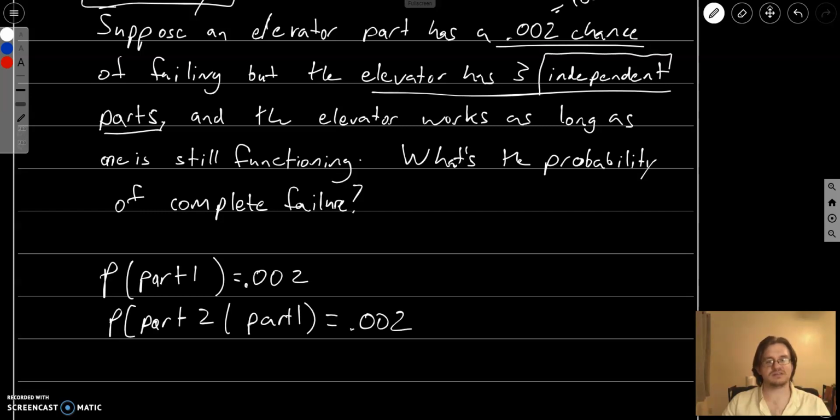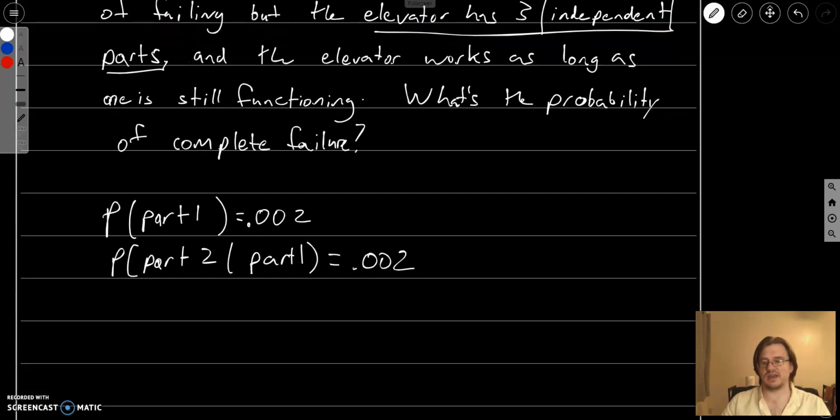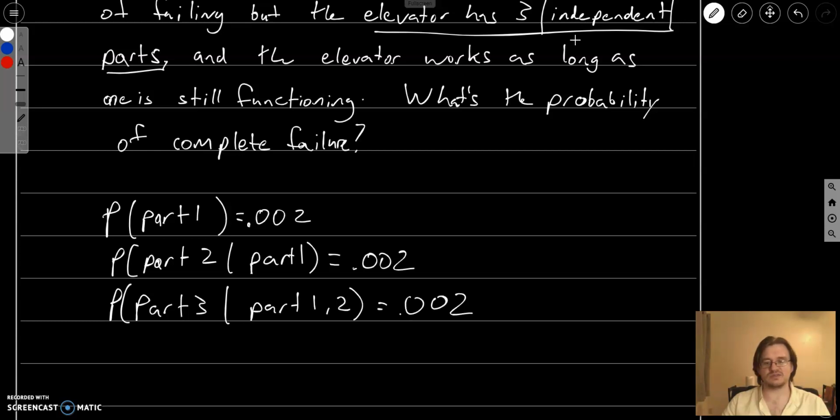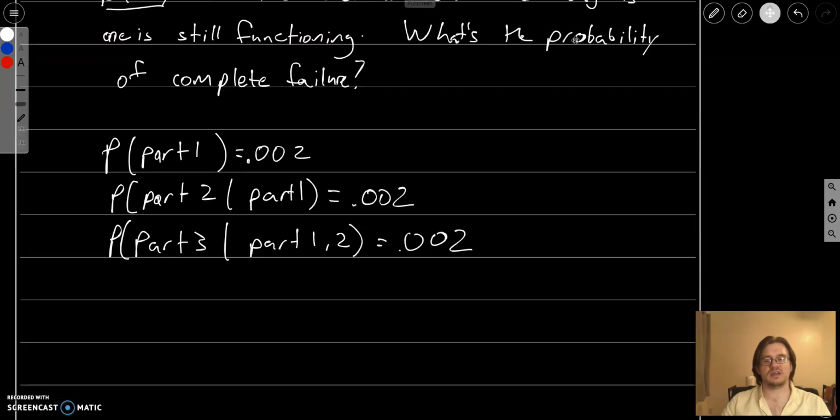Why? Because we're told that they are independent. They don't affect one another. And then the probability that part 3 fails, given part 1 and 2 failed, is again still 0.002. They're all independent, so the fact that one fails won't affect whether or not the other one fails.